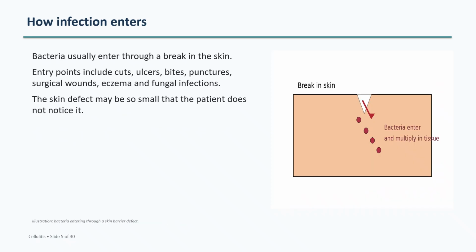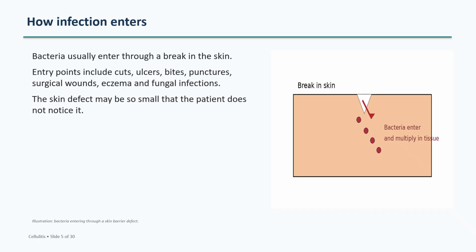Now we will see how infection enters our body. Bacteria usually enter through a break in the skin, then multiply in the dermis and subcutaneous tissue. It can be because of a cut or any prick or any friction.